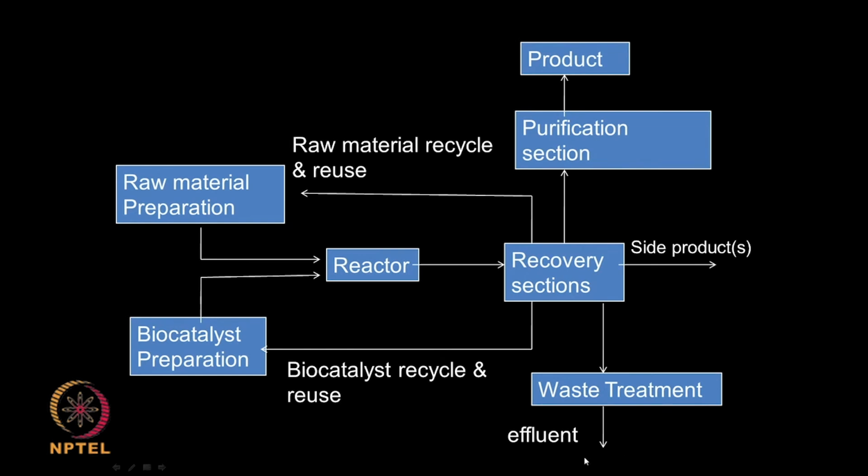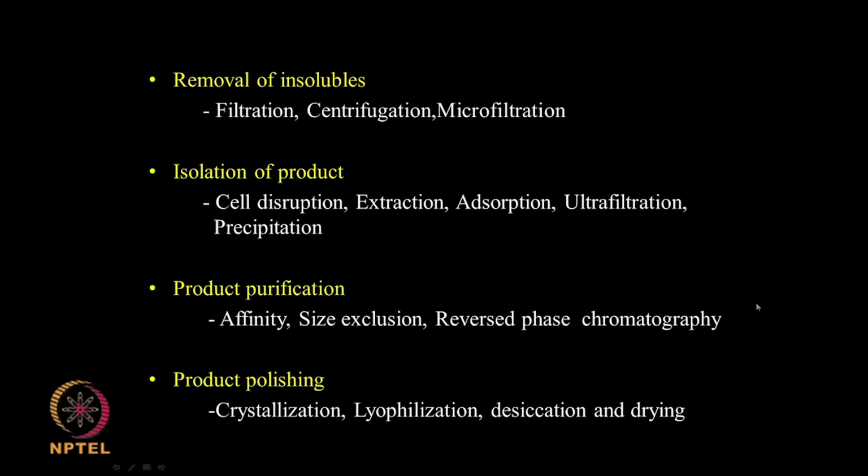Of course, I did not spend much time on effluent and effluent treatment strategies, but the rest we spent a lot of time on. We have removal of insolubles, which may include filtration, centrifugation, microfiltration, and some membrane operations. Then we have isolation of the product: cell disruption, extraction, adsorption, ultrafiltration, precipitation. Then product purification: chromatography, affinity chromatography, size exclusion chromatography, reverse phase chromatography.